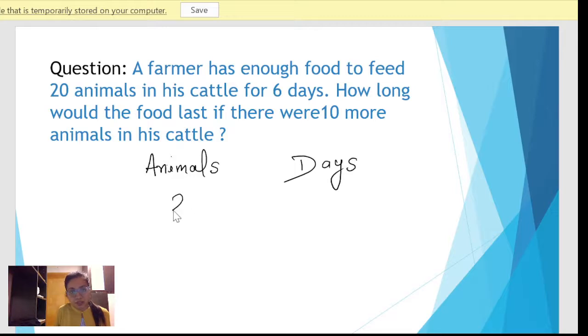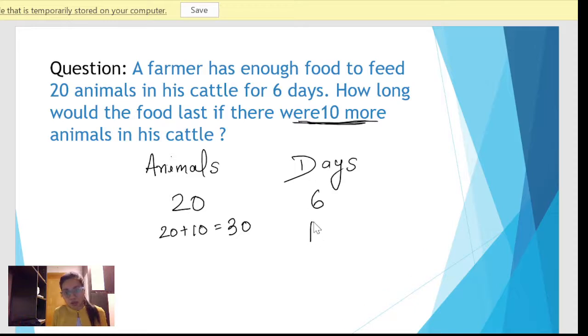When there were 20 animals, the food lasted for 6 days. If the number of animals is 10 more than the earlier one, 20 plus 10 is equal to 30 animals. Right now it's 30 animals. How many days will the food last?